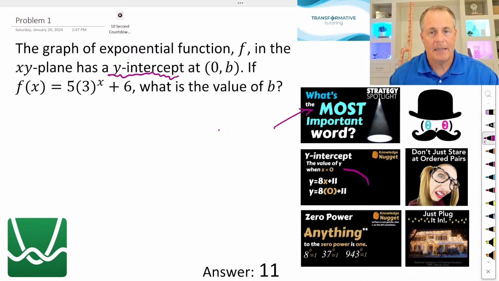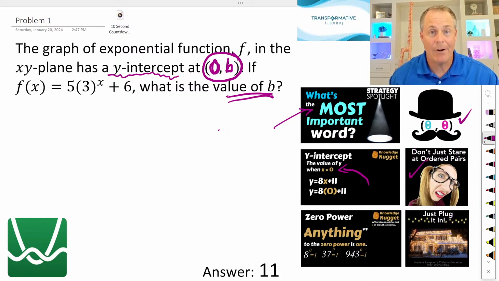As I've said in many of the other videos, the y-intercept is the value of y when x equals 0. And they're actually telling you to do that right here. They're saying, hey, put in 0. If you just put in 0, you'll figure out what b is. That goes along with these three strategies, which is what I call the ordered pairs in disguise.